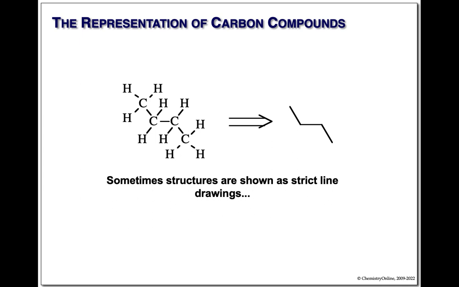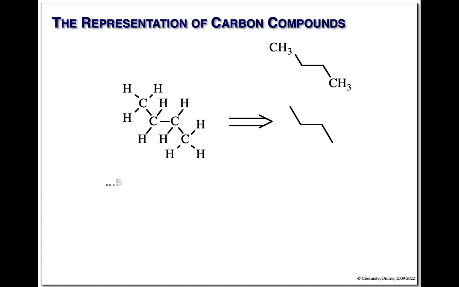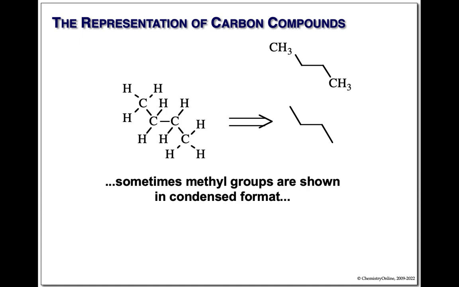Now, line structures themselves can also be drawn several different ways. This is a strict one, so here's the Kekulé going to the line. Sometimes, to make sure people understand that that's a CH3 up there, they just draw it in. So this pretty clearly says we have a CH3, CH2, CH2, CH3.